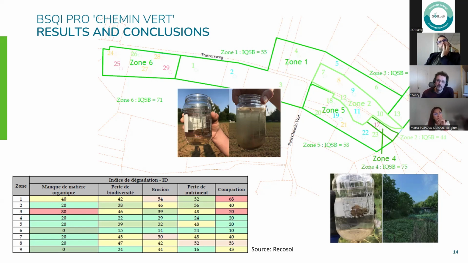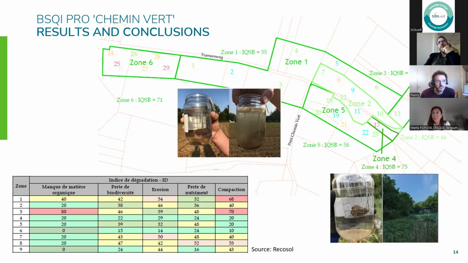At the scale of the region, even the whole city or the whole metropolis, saying, okay, this part of the city has very good soils, so let's preserve them from artificialization, and let's focus on this other part of the city.